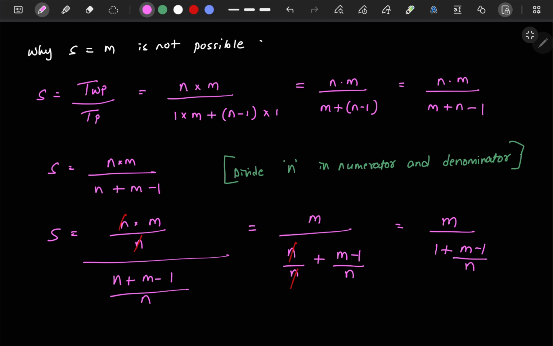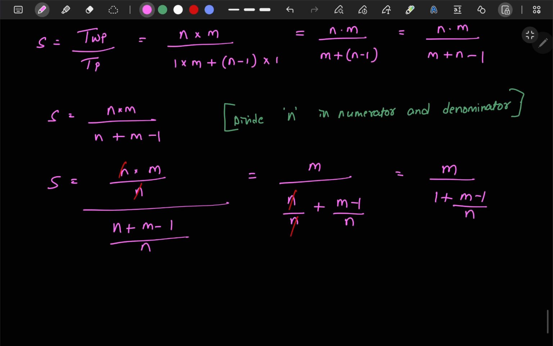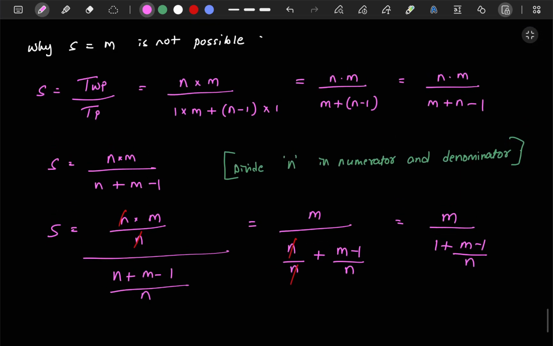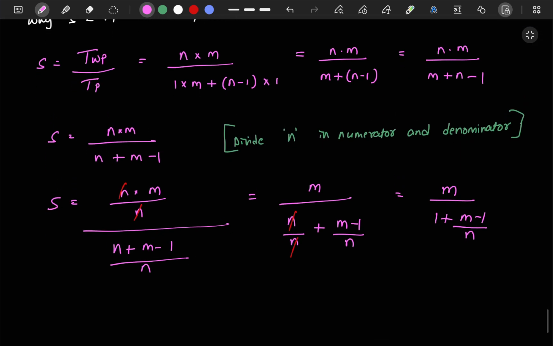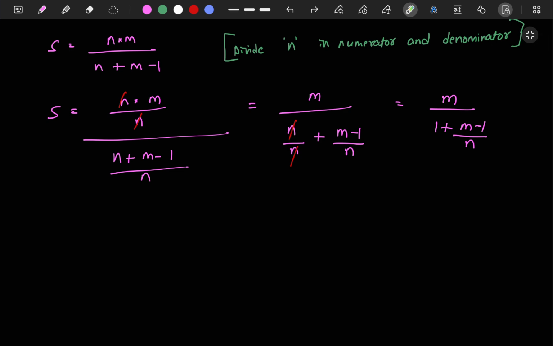I want to make one point here, that's why I'm solving this part. With this we got the formula: s equal to m divided by 1 plus m minus 1 divided by n.